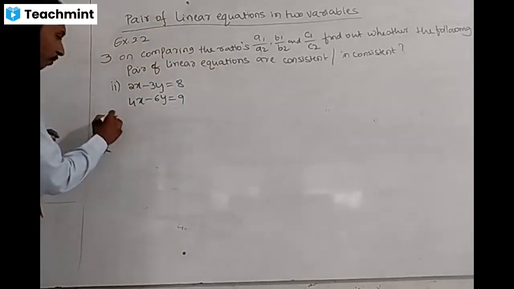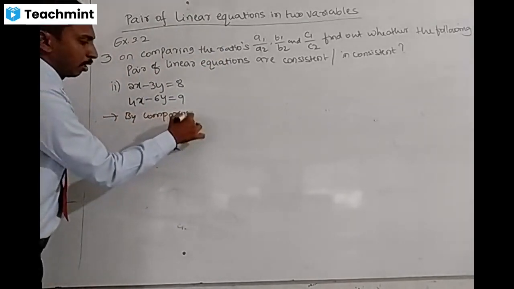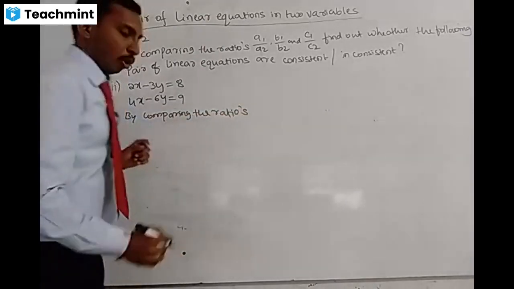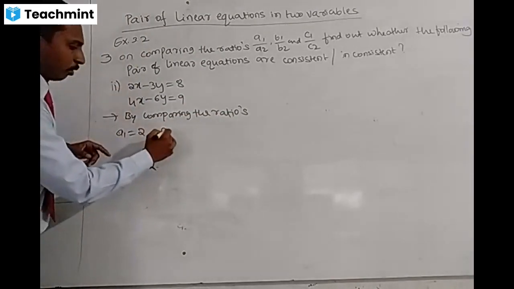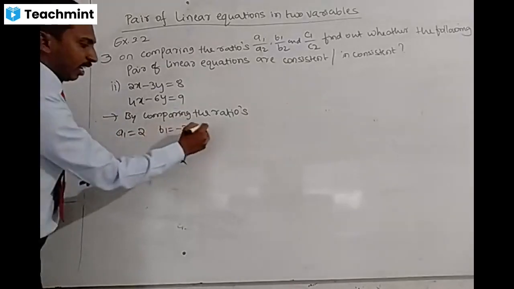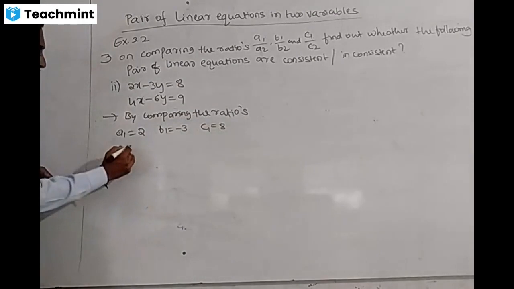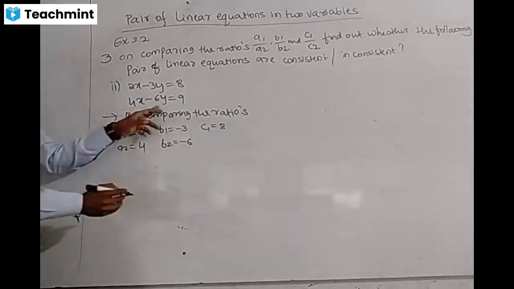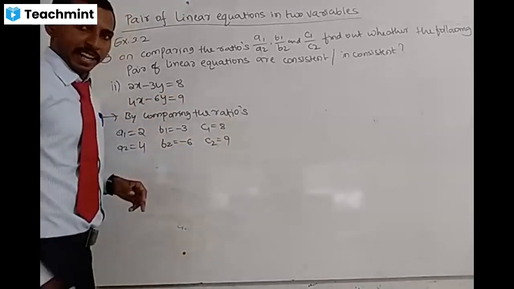So write, by comparing the ratios, A1 is equal to 2, B1 is equal to minus 3, C1 is equal to 8. And now what about A2? A2 is 4, B2 is minus 6. What about C2? Which is 9.